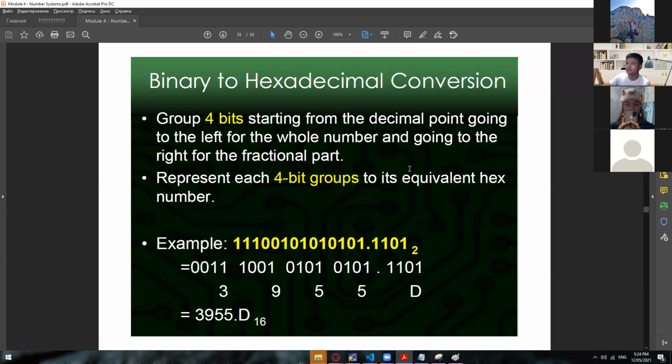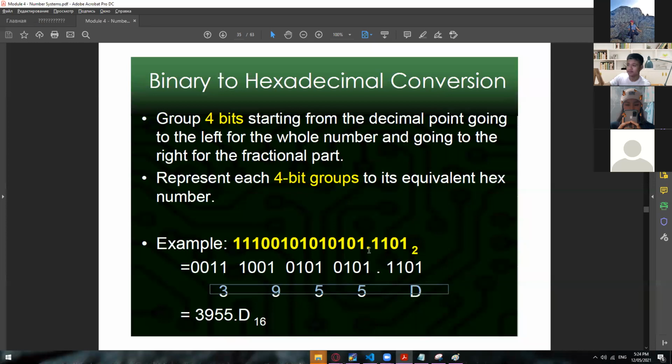Okay, so in here, we also have binary to hexadecimal conversion. All you need to do is reverse it. Of course it will give you a binary combination, something like this, and then you're going to convert that one into hexadecimal. The first thing that you need to do is separate or group this one by 4.